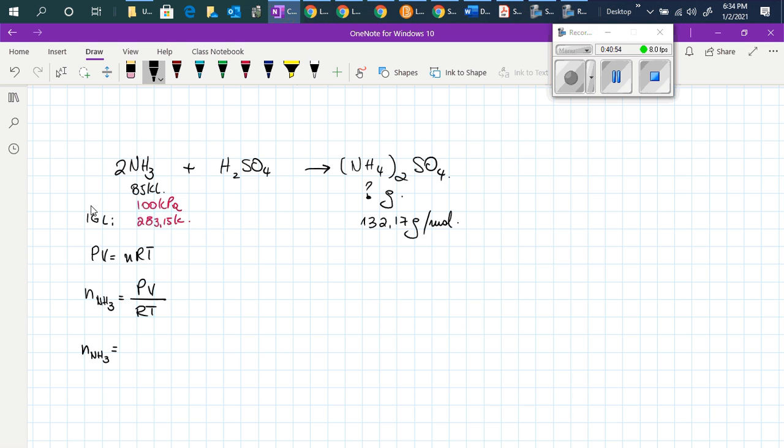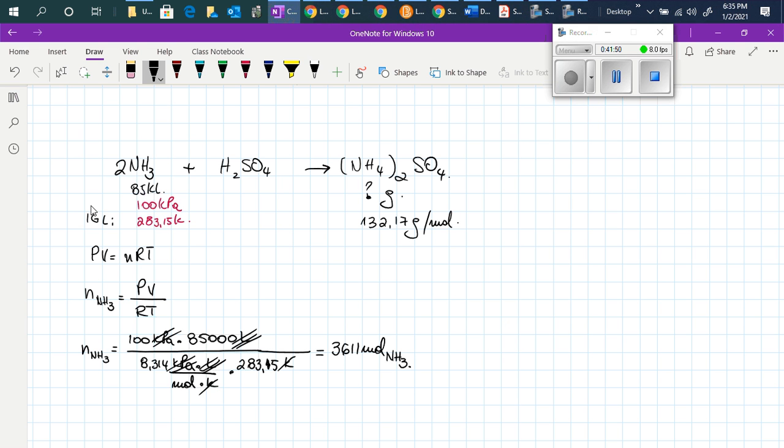We can say that the moles of ammonia will be 100 kilopascal times the volume, 85 kiloliters, so 85,000 liters, over R, which is 8.314 kPa·L over mole K, times the temperature, 283.15 K. So temperature is cancelled, kilopascal is cancelled, liters is cancelled, and you end up with moles, which based on the calculation will be 3611 moles of NH3.